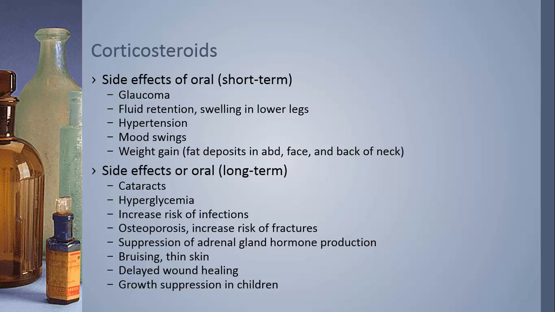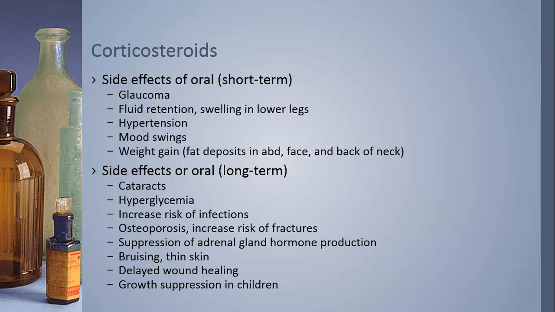They have included hyperglycemia in the long term, but even with short term, if your patient is a diabetic, it does raise their blood sugar levels, so they do need to monitor their blood sugars more frequently while they are on corticosteroids.